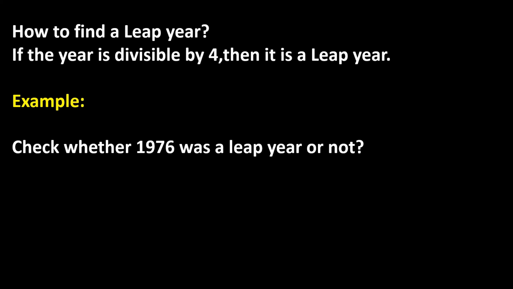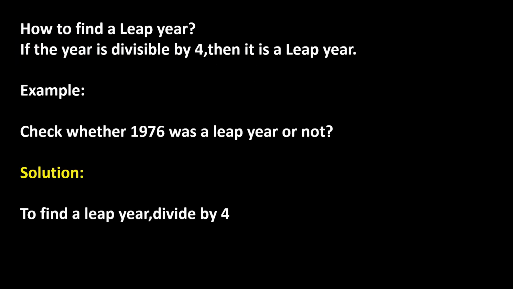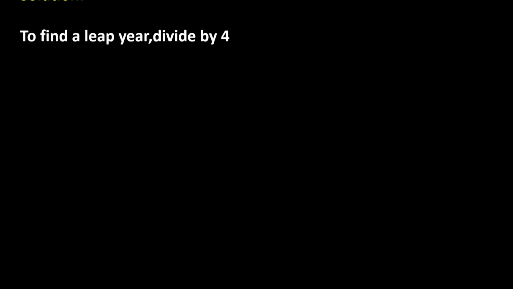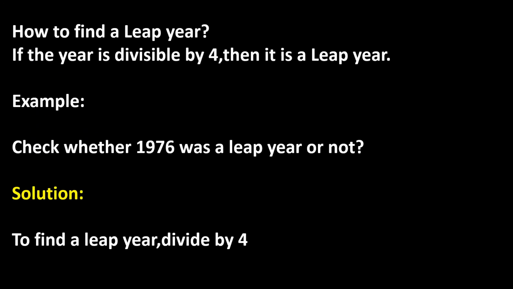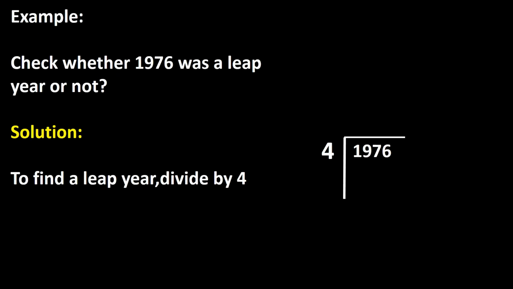So in the solution, to find whether 1976 was a leap year or not, we should divide by 4. Now we can divide using the normal simplification method or the division method. In this we can follow the division method. So now by dividing 1976 by 4, here 4 is the divisor and 1976 is the dividend.